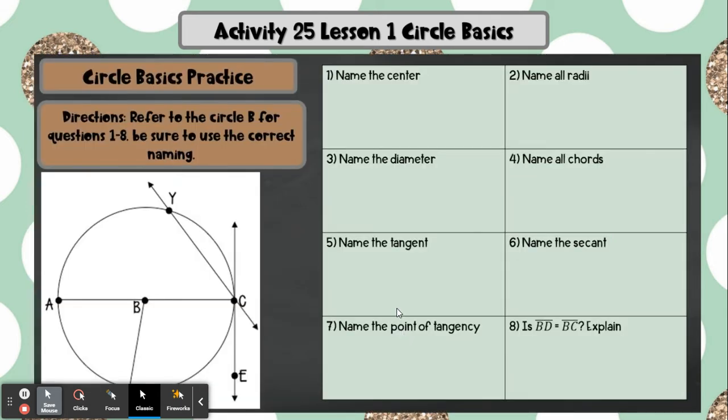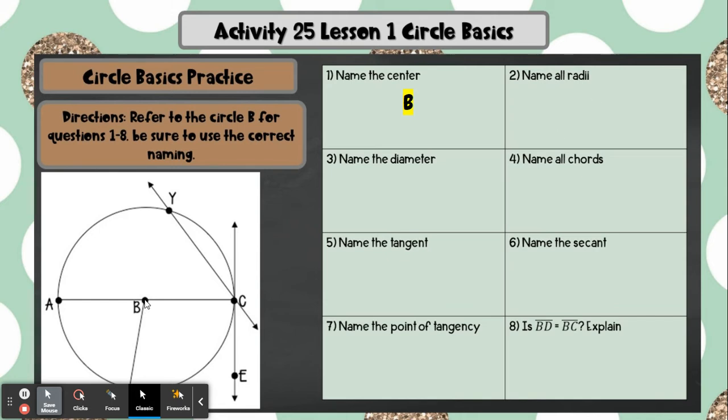Okay, so still looking at the same process here, but we're going to go the opposite way instead of giving you the actual name. So name the center. The center of this circle is B. Name all radii. So we're looking for a radius.